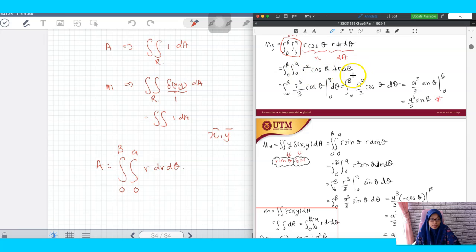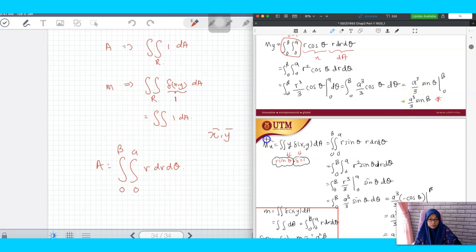I think this is a typo, but the final answer should be the same. You can try yourself. When you substitute, r is constant, so your answer is just in terms of trigonometry, just a cos. So you integrate the cos, you will get the sine, and substitute theta from 0 to beta. So the moment of mass with respect to y is this one.